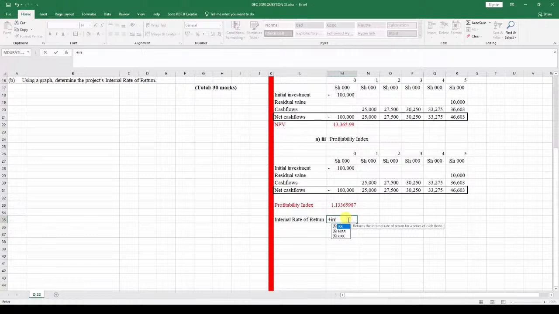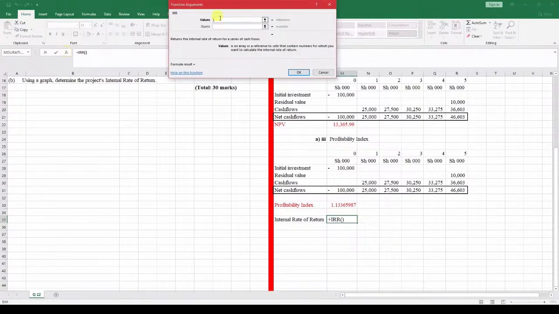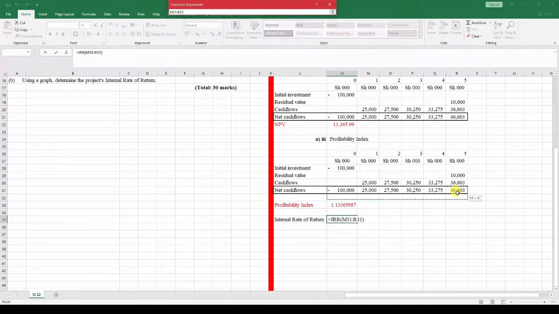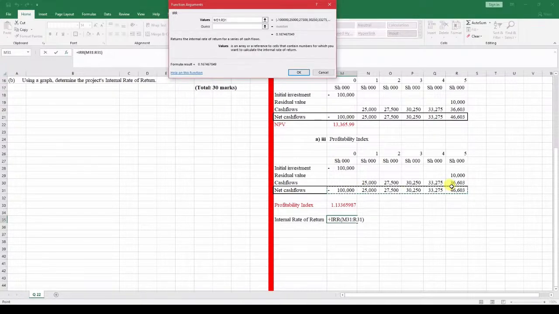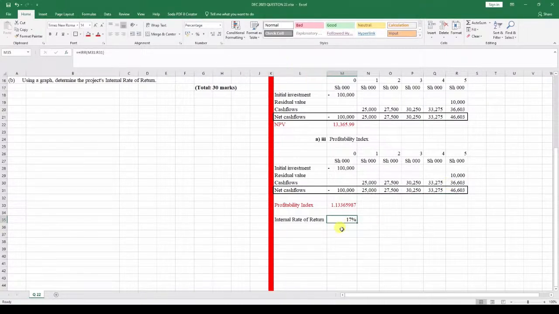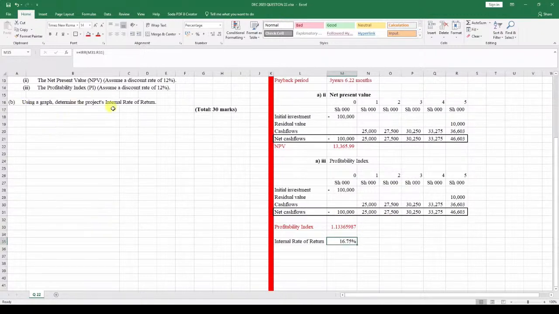We open it up right over here and put the values, all of them, including the negative value here. And we see it's around 17%, or 16.75%. That's what we expect from using the graph, around there.